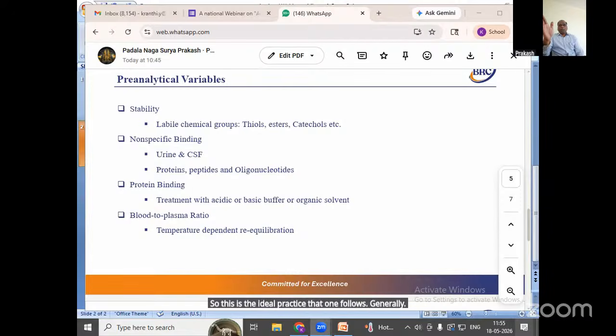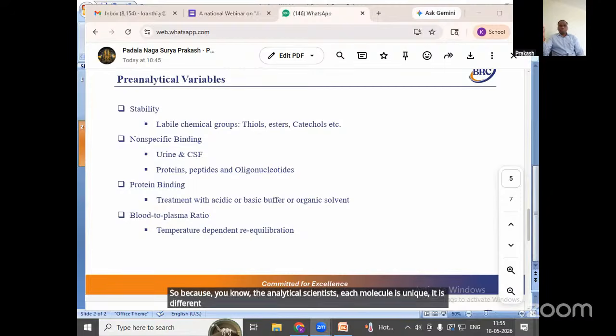Generally, this would help bioanalytical scientists to understand some of the potential stability or instability alerts, because for a bioanalytical scientist, each molecule is unique. It is different. So one has to understand this.